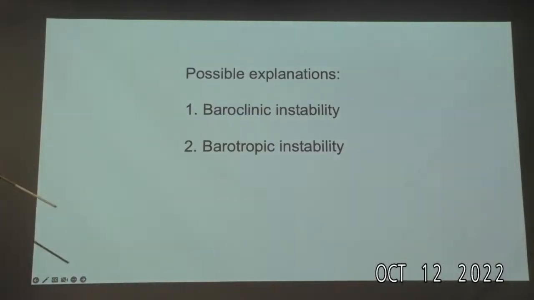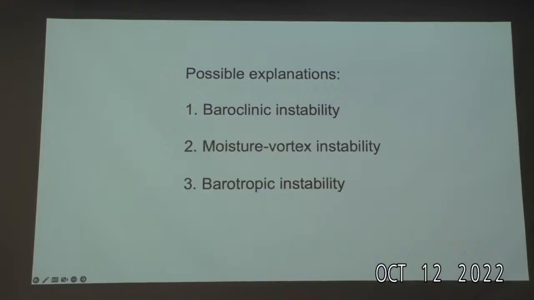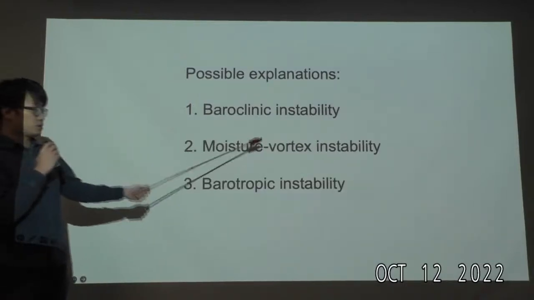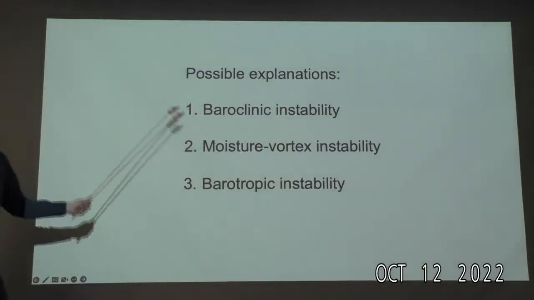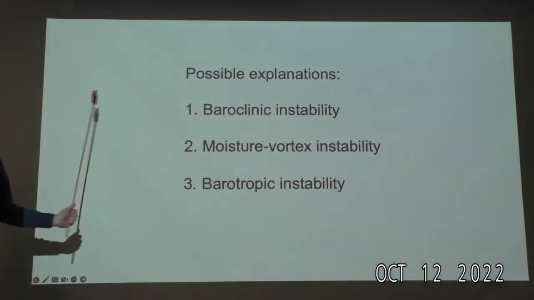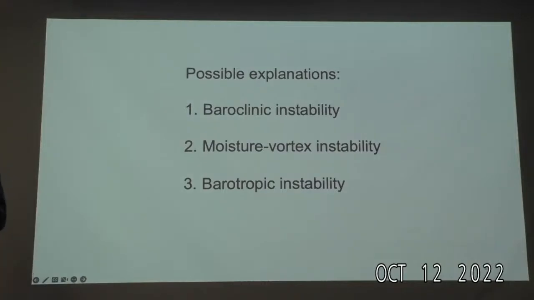And there are other theories, for example, the conditional instability of the second kind, which has already been ruled out from the list. With time passing by, we also proposed another theory, which is the Moisture-Vortex instability. And today I'm going to introduce three of them and explain why they are possible or impossible in our system.